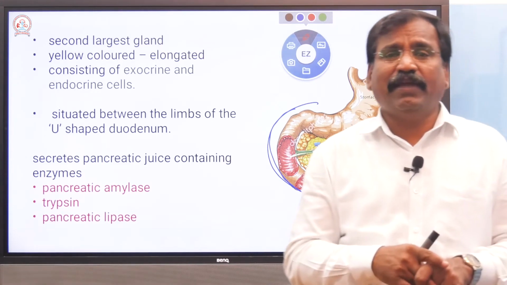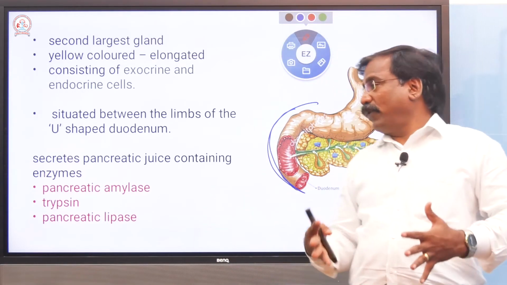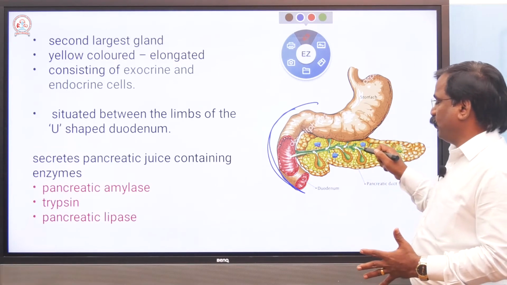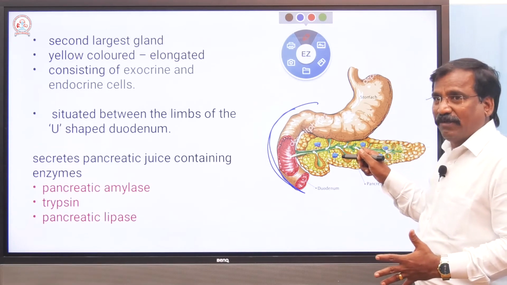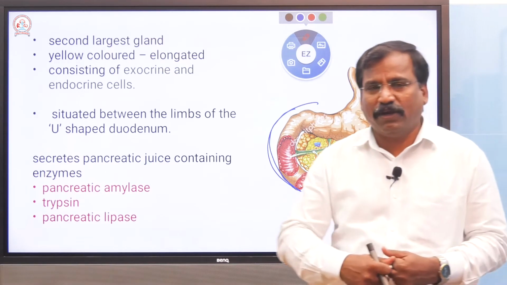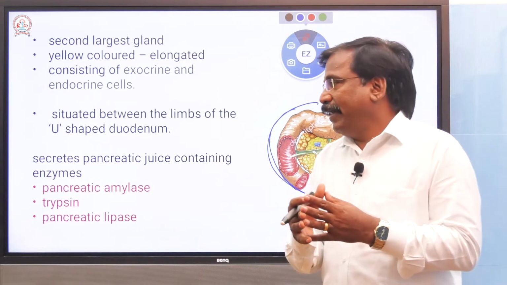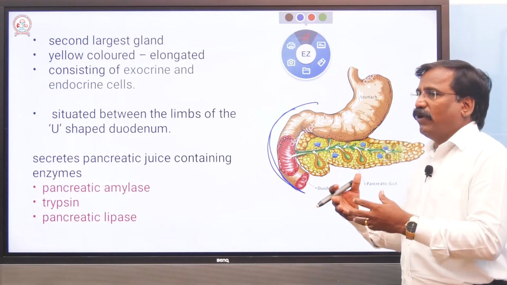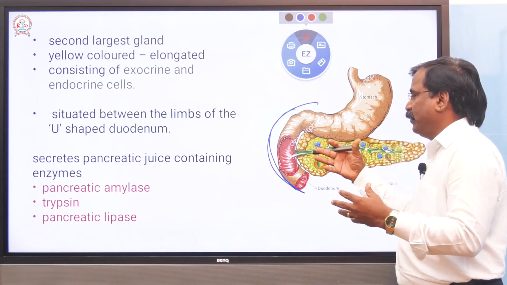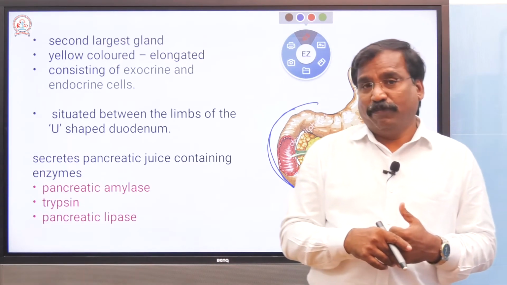This is very important: the pancreas is basically exocrine, ducted. Listen, there is a duct, you can see clearly the pancreatic duct, that carries the secretion. The pancreas secretes the pancreatic juice, which is carried by the pancreatic duct and poured into the duodenum.